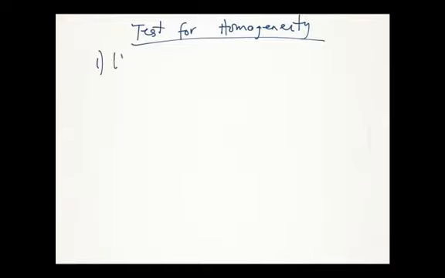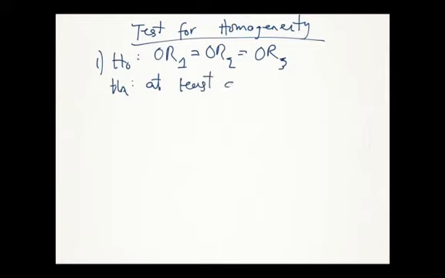So the null hypothesis, remember we can do our 7 steps of hypothesis testing again. The null hypothesis is that the odds ratio at site 1 is equal to the odds ratio at site 2 is equal to the odds ratio at site 3. Remember, importantly, the alternative hypothesis is that at least one odds ratio is different.